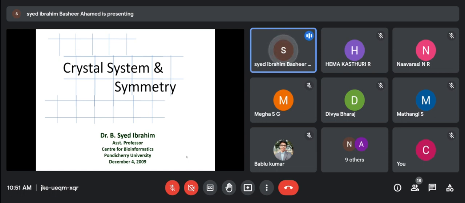What is the advantage of having symmetry? If you want to calculate the entire structure, the crystal lattice, and you have symmetry, you don't need to calculate for the entire crystal. You can utilize the symmetrical information.